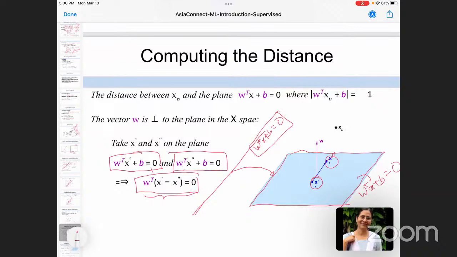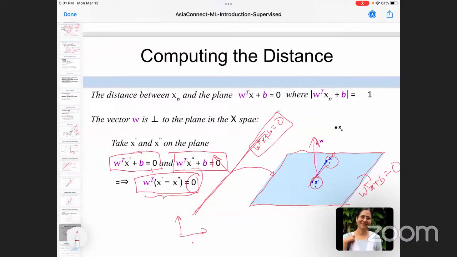The main purpose of this equation is to show where W is. So W is always perpendicular to the partition, perpendicular to this plane. You can see, because when we take the dot product of two perpendicular lines, it becomes 0.